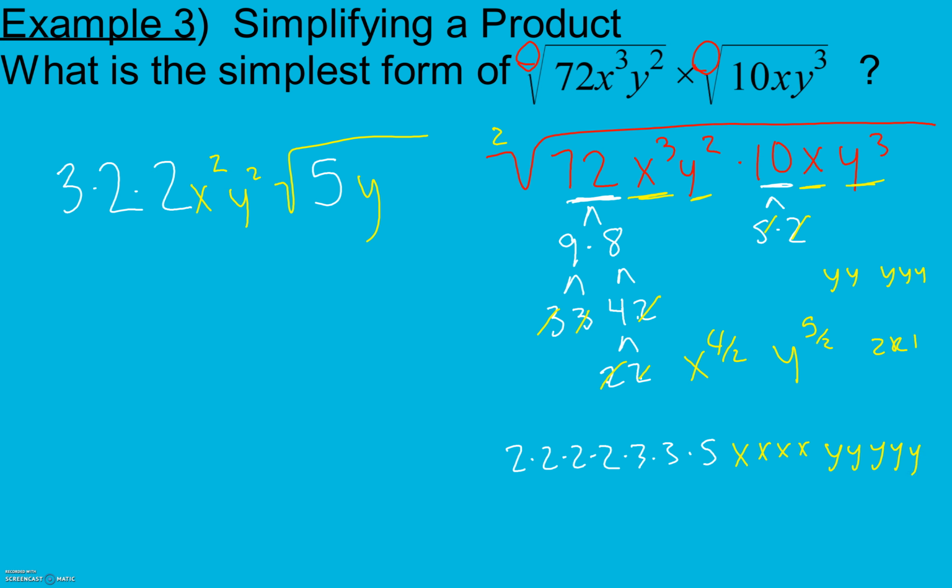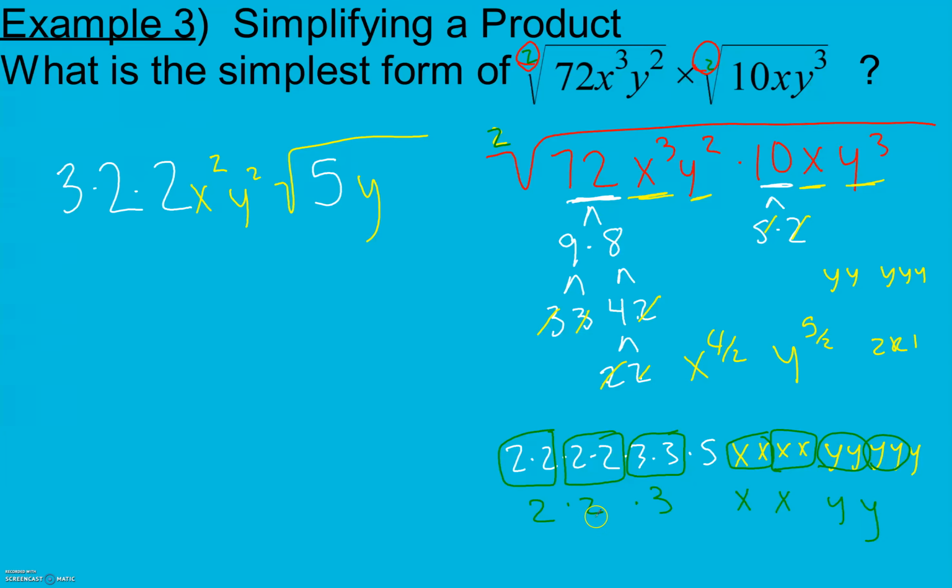Now, because it's a square root, we're going to look for groups of 2. I have a group of 2's. I have another group of 2's. Another group of 3's this time. X's. Y's. And y's.